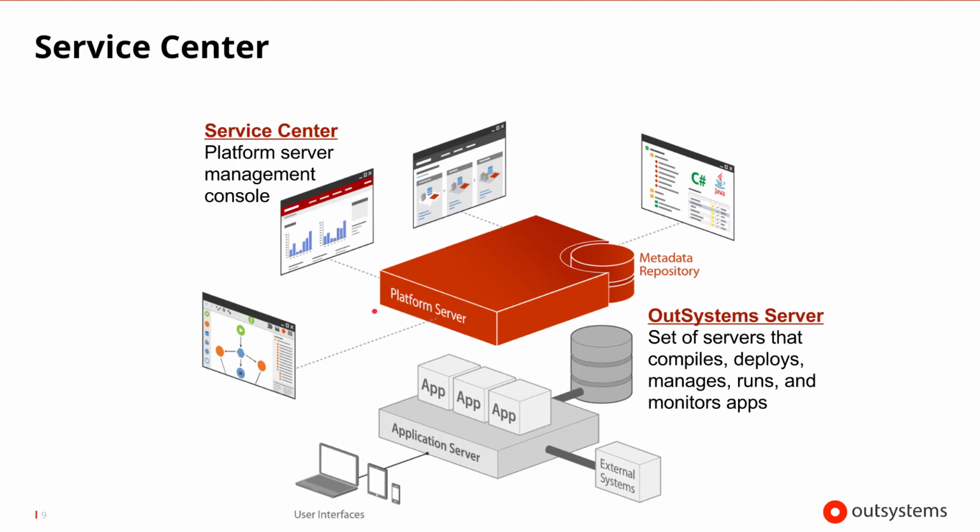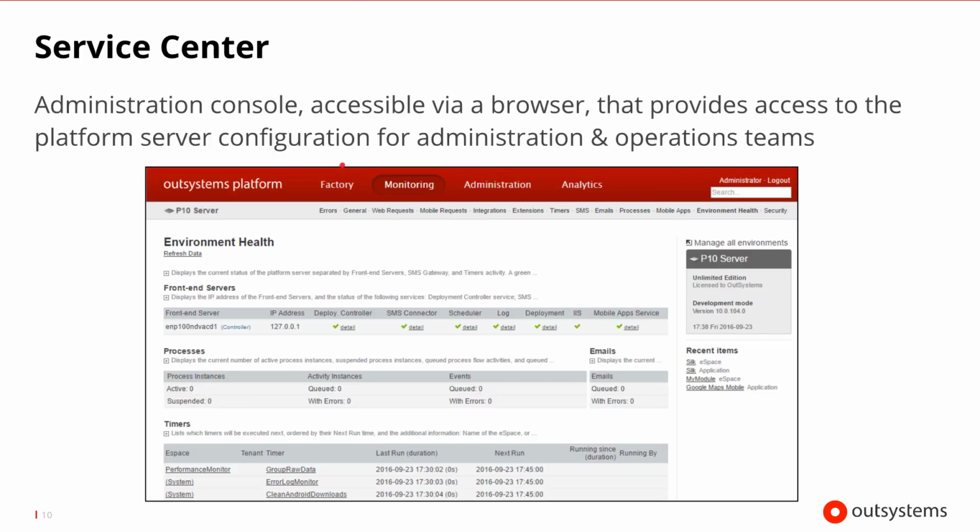So once we have the ability to build the applications that we're interested in, we also want to be able to manage the server itself. So Service Center is the platform server's management console. Service Center is an administration console, and it's actually built as a web application that's accessible via the browser.